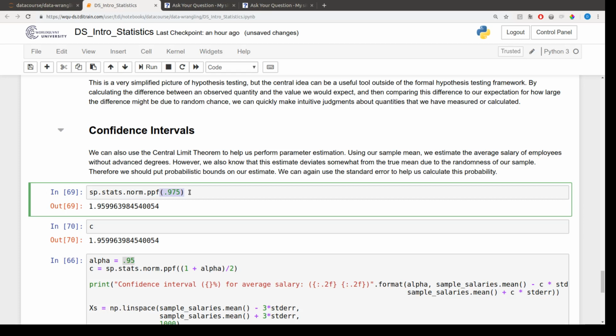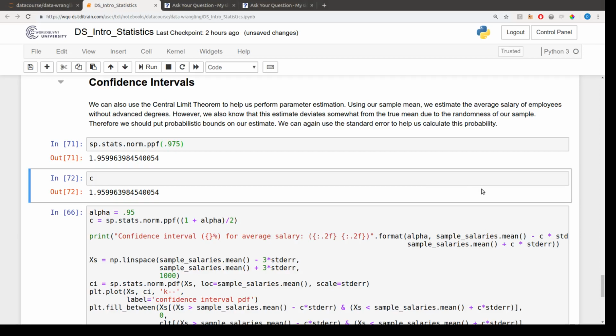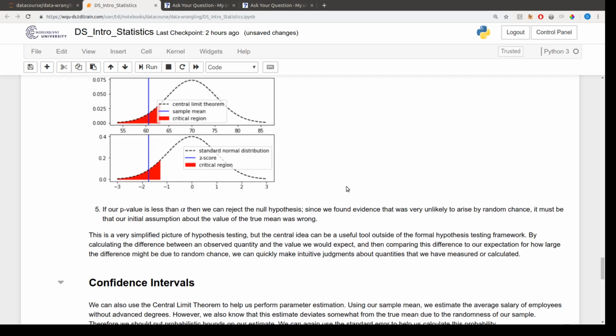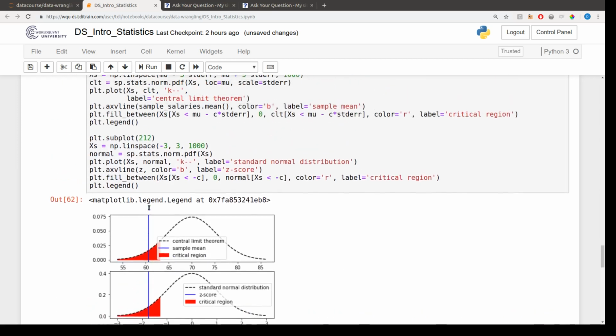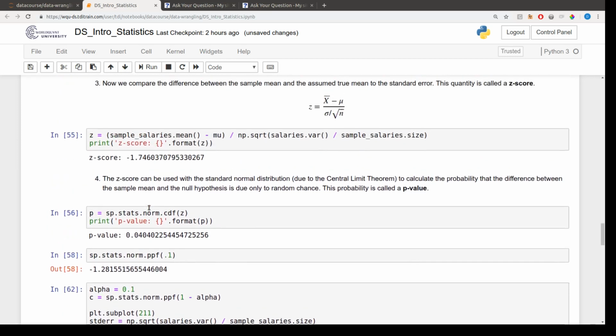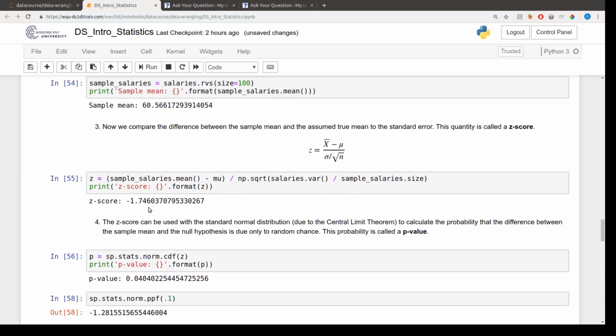And those bounds are essentially z-scores. So I can convert them back to salaries by simply reversing this z-score formula.